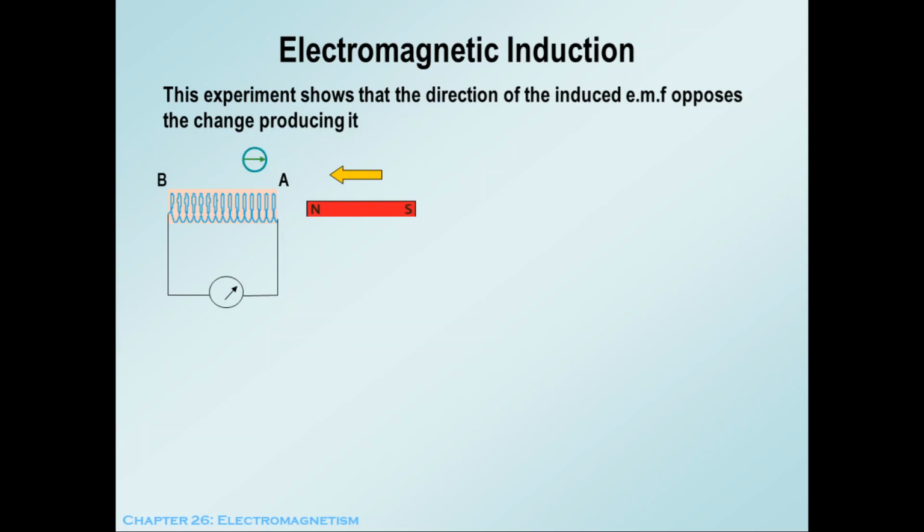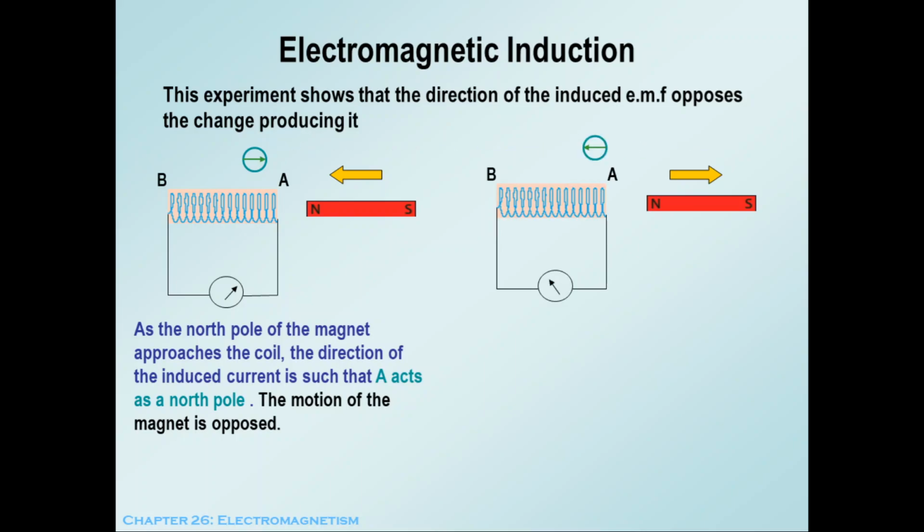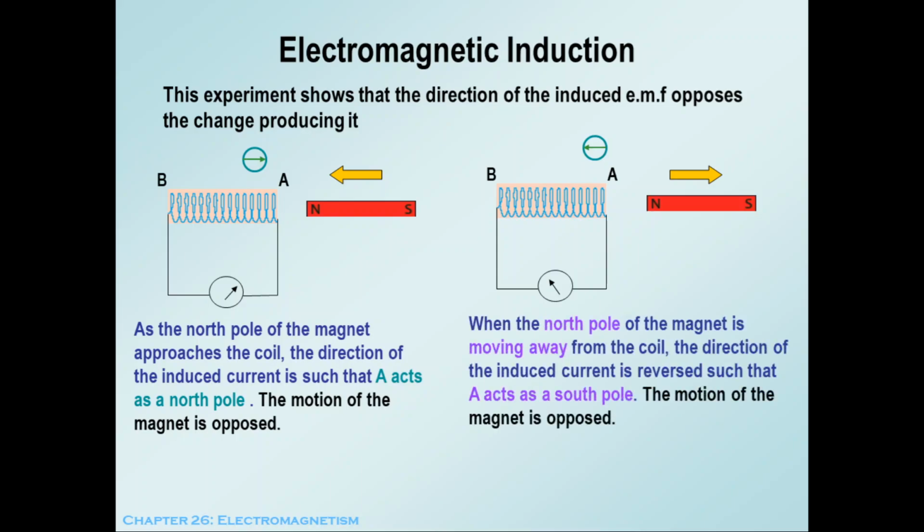So in other words, if the North Pole goes to the left into the coil, then the current will be acting to the right, such that it is the motion of the magnet that is opposed. And on the other hand, if you move the North Pole out of the coil, in other words, to the right, then the induced current will be to the left.